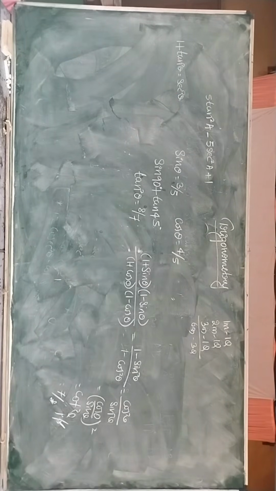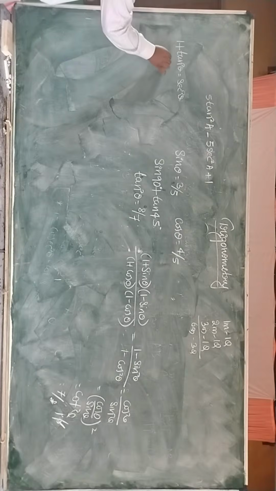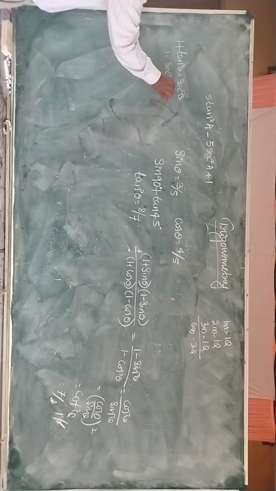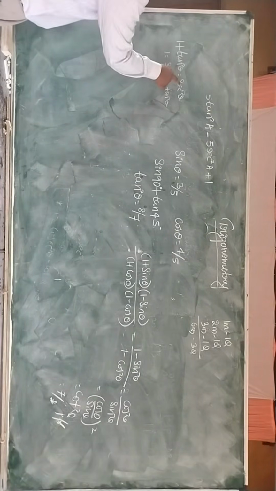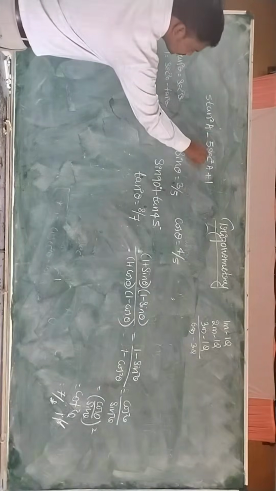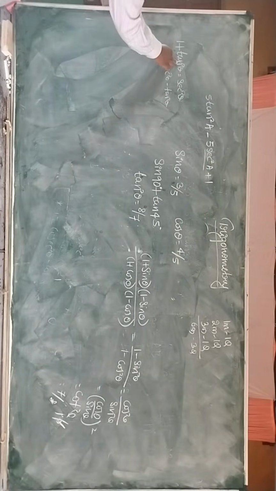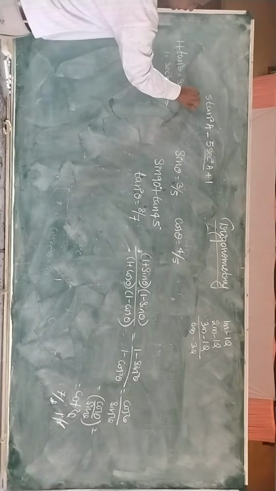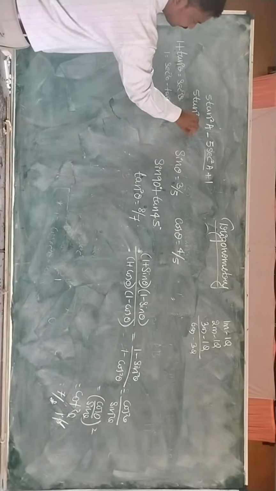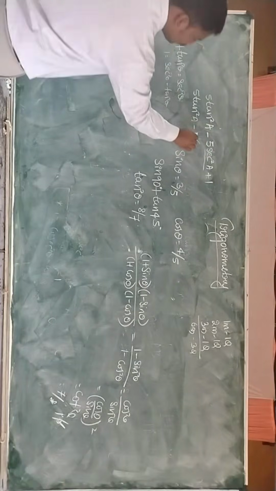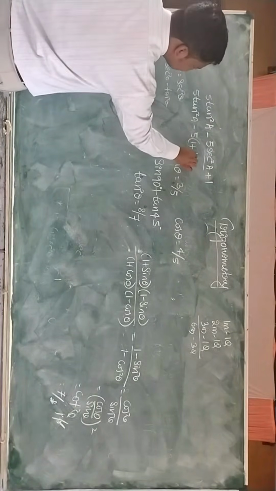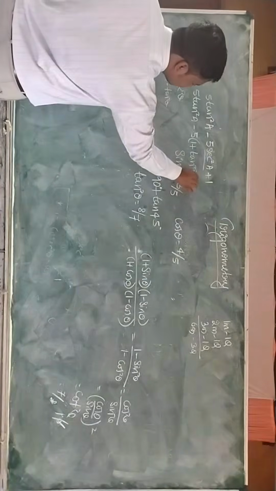Am I right? And 1 is equal to sec square theta minus tan square theta. So in place of sec square, what will I take? 1 plus tan square. 5 into bracket tan square A, minus 5 into, in place of sec square, I will take 1 plus tan square A, plus 1.